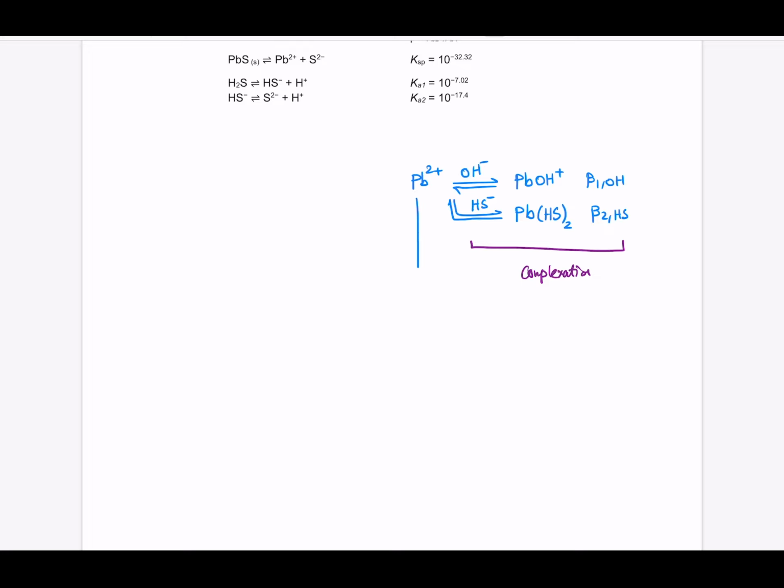Staying with Pb2 plus, it could also be involved in the redox, E0, Pb2 plus, sorry, Pb4 plus. And no further reaction for Pb4 plus. It could, but in this specific example, no more reaction with that. So this would be the branch for redox.